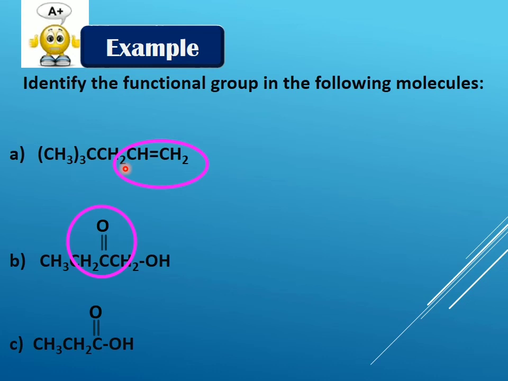And next one, for structure B, we have the functional group C double bond O. So this is the class of ketone and the name of the functional group is carbonyl group. And also we have the OH here. So this belongs to the alcohol class, and the name of the functional group is hydroxyl group.